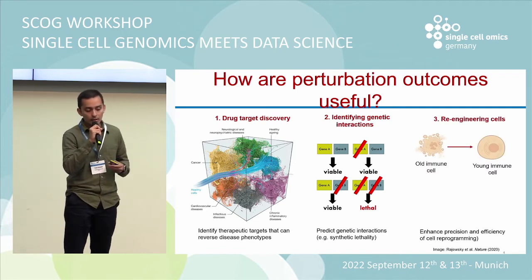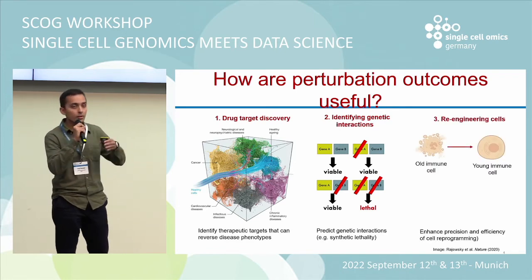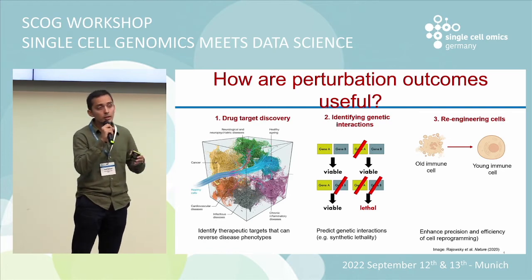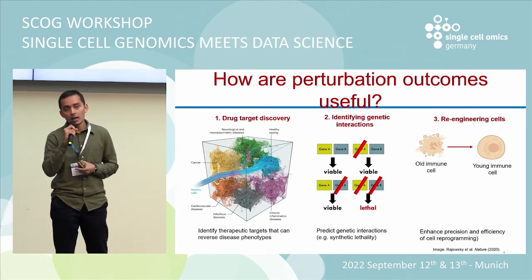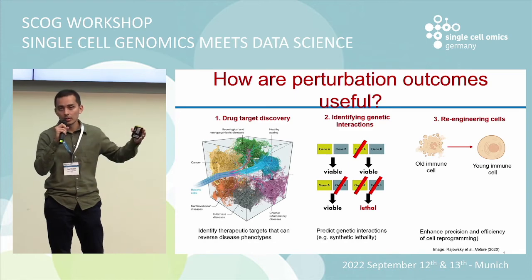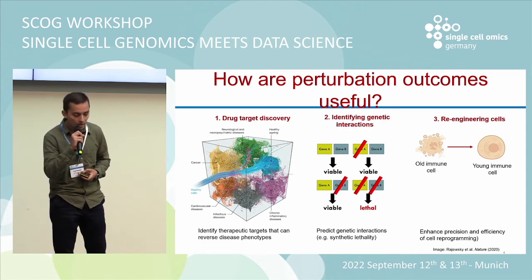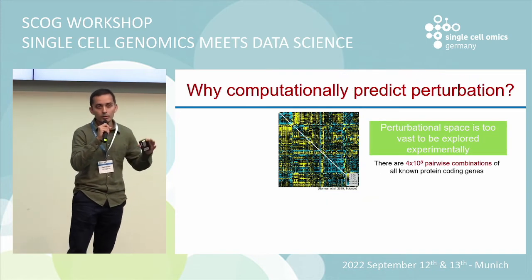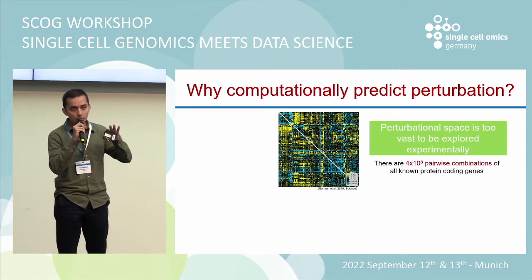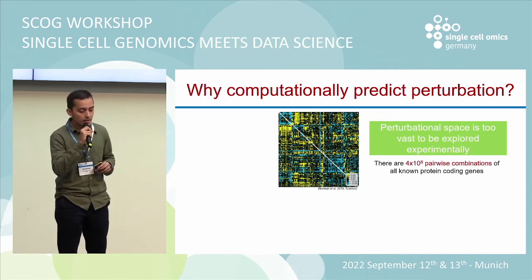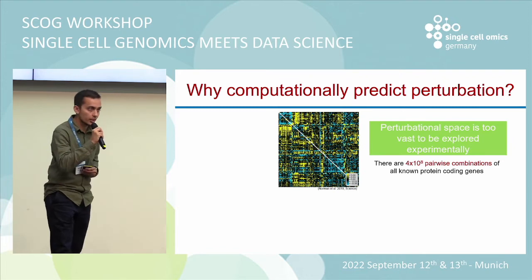Another area is regenerative medicine, where re-engineering of cells has become very useful in the design of cell-based therapeutics and also in potentially reversing phenotypes linked to aging. But one of the key challenges that are preventing experimental approaches from really answering these questions is the combinatorial explosion in perturbational space.